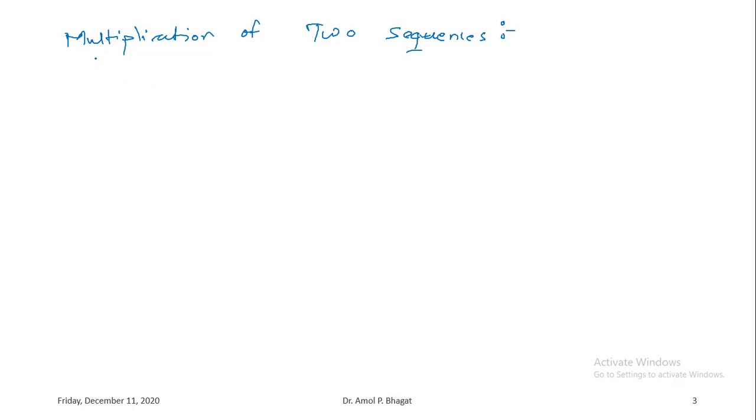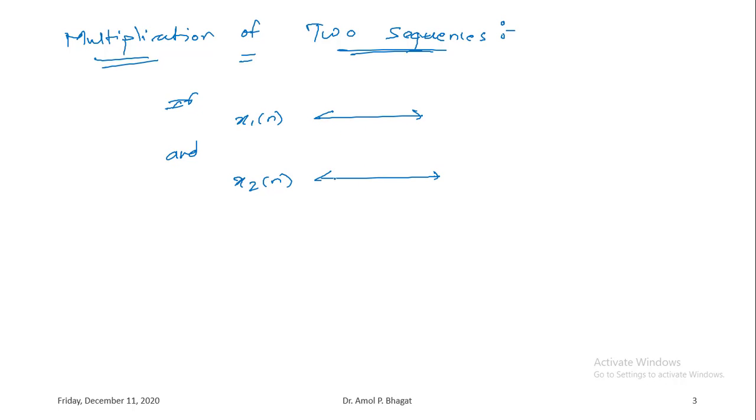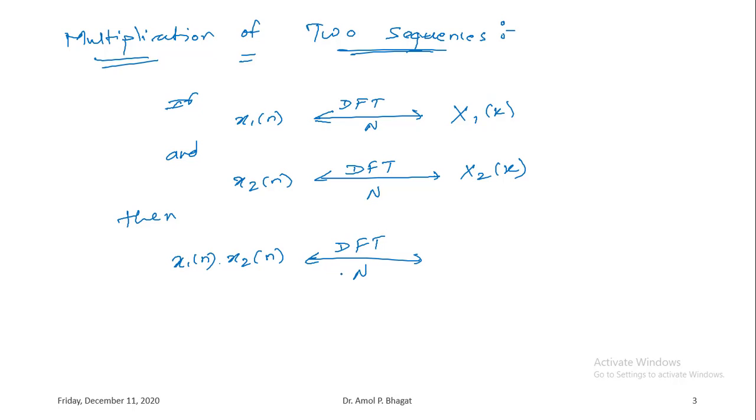That means if there are two discrete time sequences x1 of n and x2 of n with their respective N-point DFTs denoted as x1 of k and x2 of k, then if we are multiplying these two sequences x1 of n and x2 of n in the time domain, in the frequency domain it will be simply the circular convolution of their respective discrete Fourier transforms, that is x1 of k circularly convolved with x2 of k, this being the circular convolution operator.